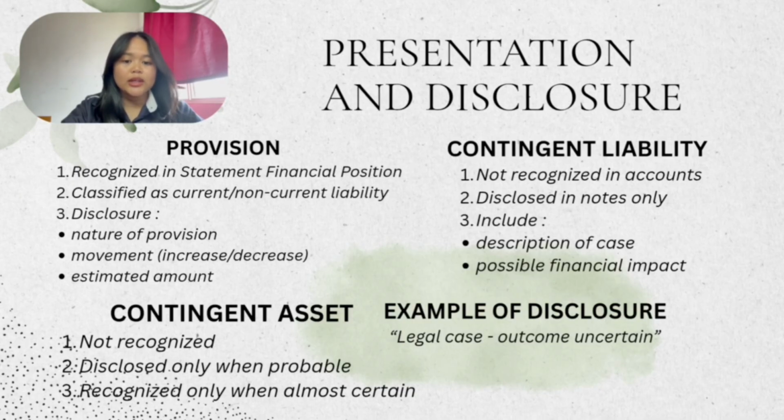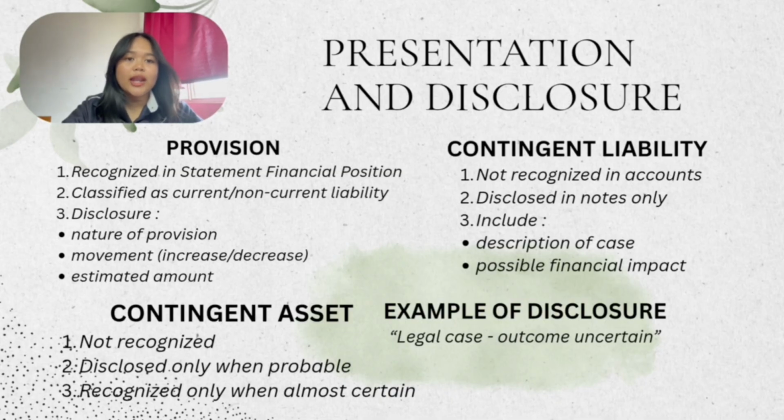This includes the nature of the provision, meaning what the provision is for, the movement during the year such as additions or amounts used, and the estimated amount involved. This helps users understand the impact and uncertainty of the provision.